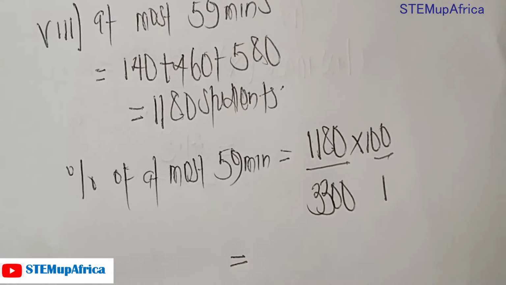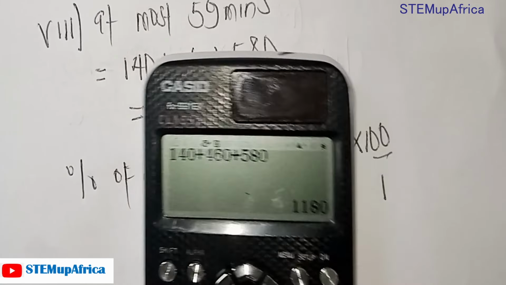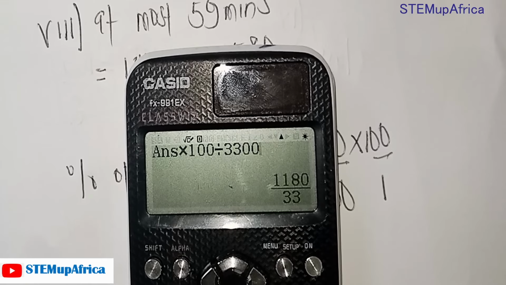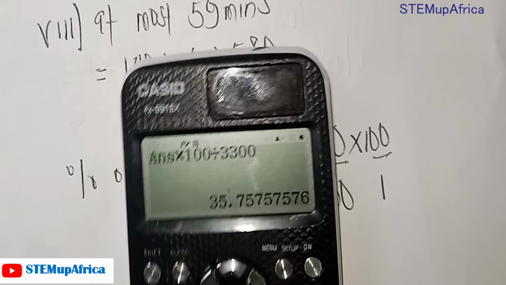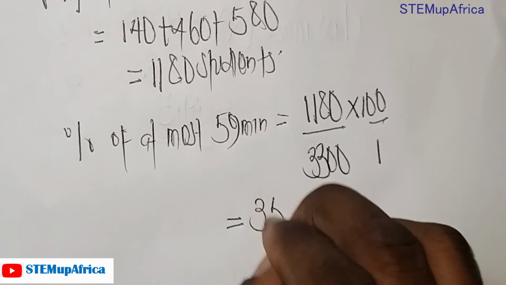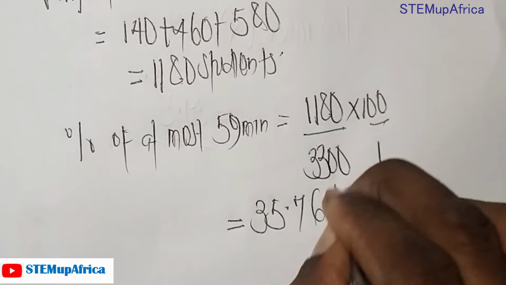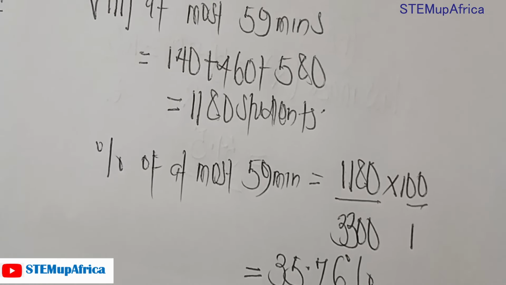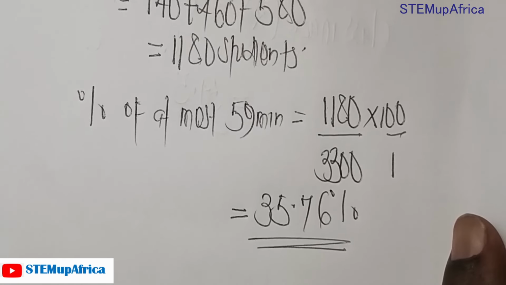So I'll multiply 1180 by 100 and divide by 330. That will give us 35.76. So 35.76% of students study for at most 59 minutes.